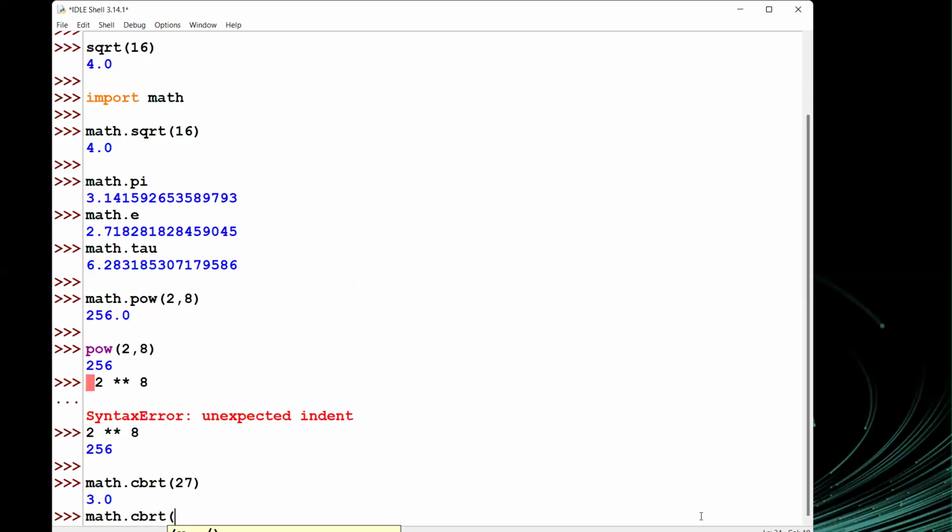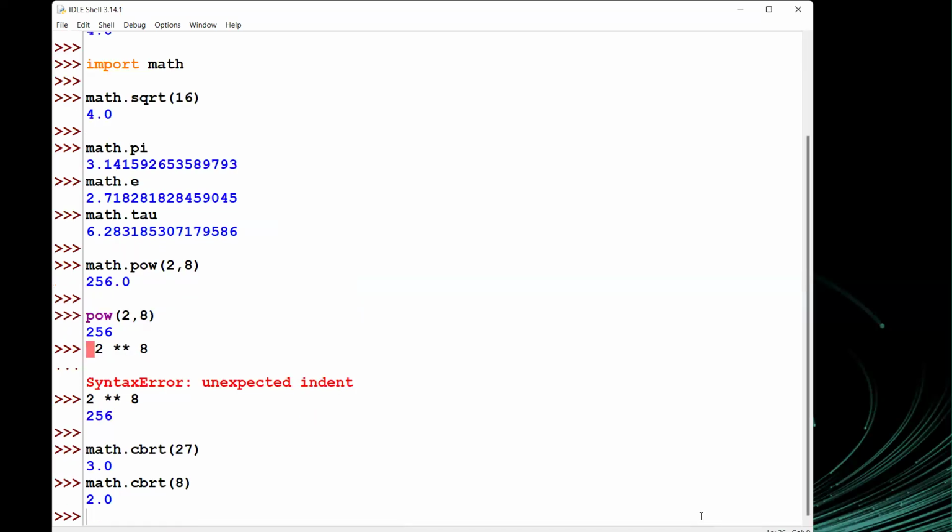I've forgotten. But you can use this to get the cube root. So cube root of 8 will give us 2, because 2 times 2 times 2 gives us 8. Most of the functions in this math module return floating numbers.